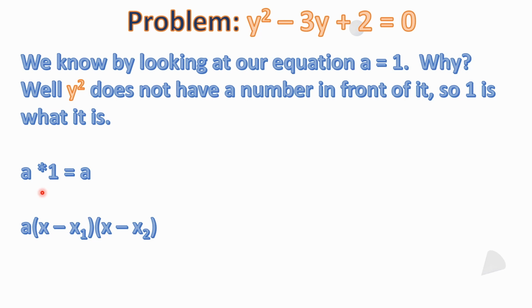We know by looking at our equation and we also look at that form, a is equal to 1. Why is that? Well, y squared does not have a number or a coefficient in front of it, so 1 would be what it is because a times 1 is the same as a. So, we're looking at this form right here.